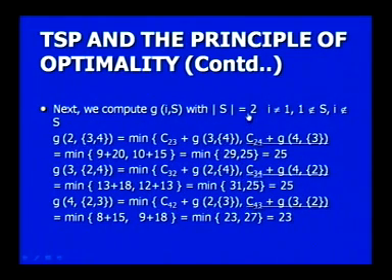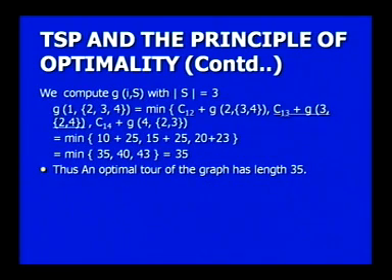Now, we can increase to S equal to 3. This is what we want. I am starting from 1, I am going via 2, 3, 4 and then I am coming back to 1. This is the goal.